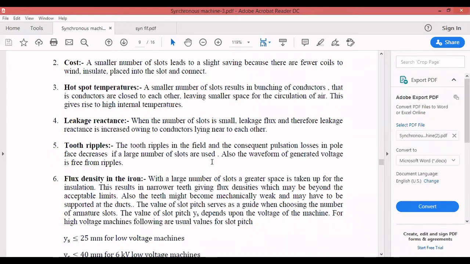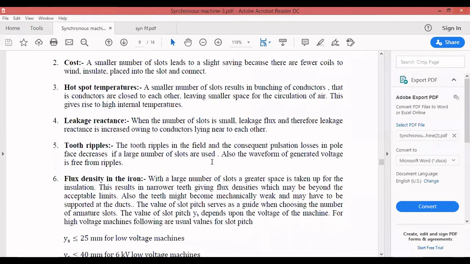Because if you use a lesser number of slots, definitely an almost pure sine wave will not pass onto the rotor. Instead, there will be more ripples. The sine waveform will be distorted, meaning there will be more ripples in the electromagnetic flux which passes from the stator through the air gap to the rotor.